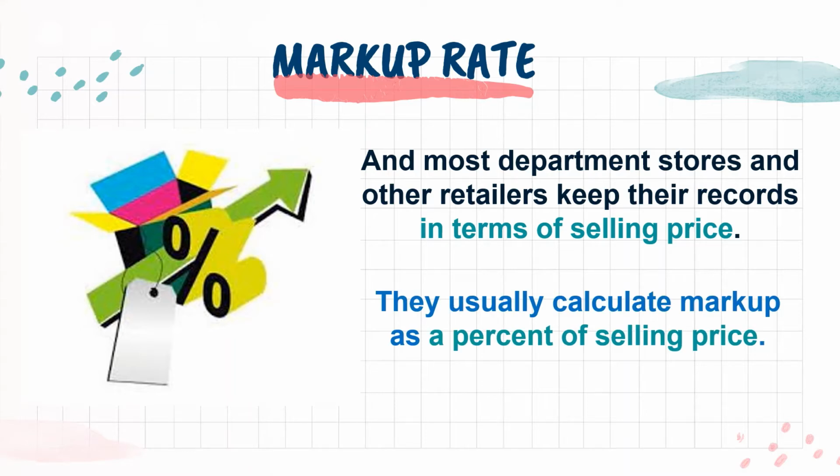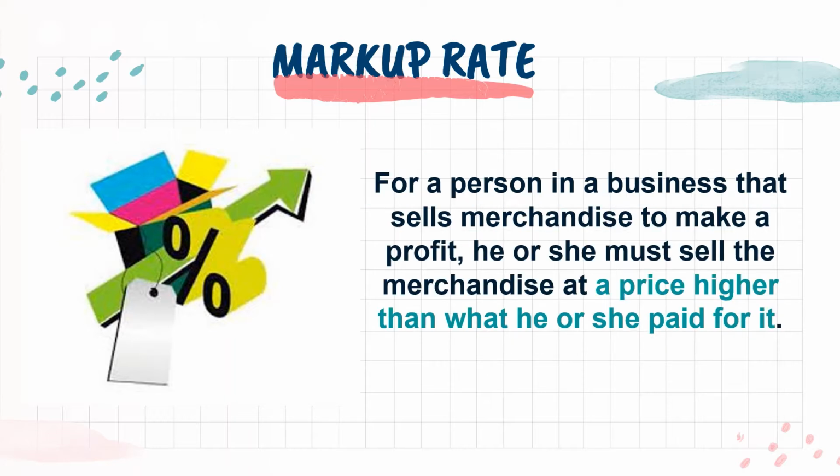They usually calculate markup as a percent of selling price. For a person in a business that sells merchandise to make a profit, he or she must sell the merchandise at a price higher than what he or she paid for it.